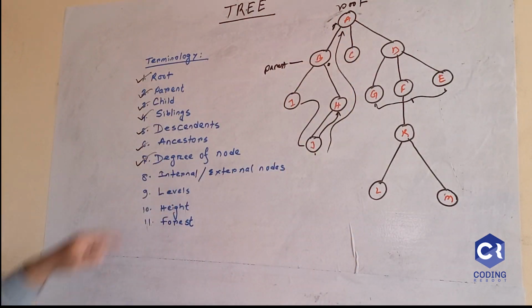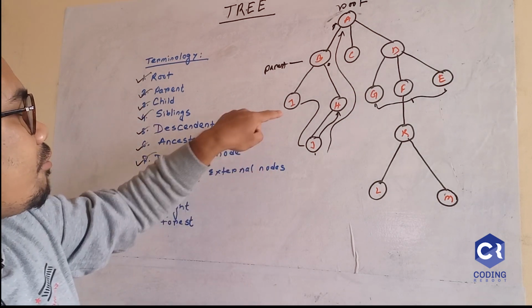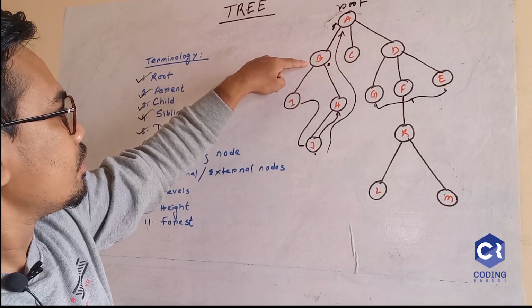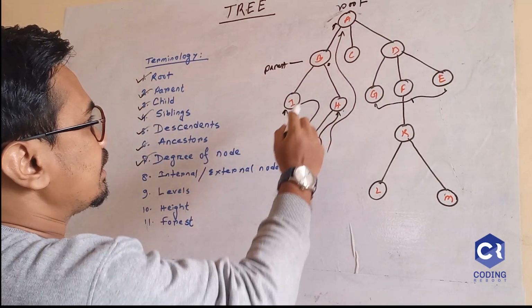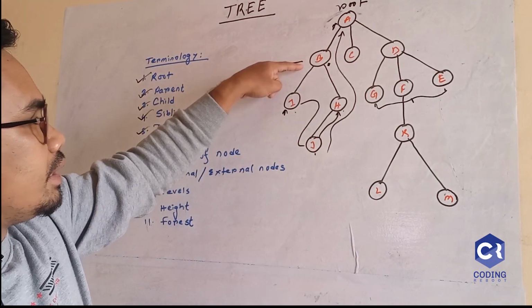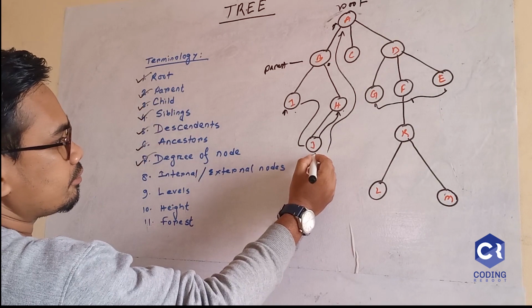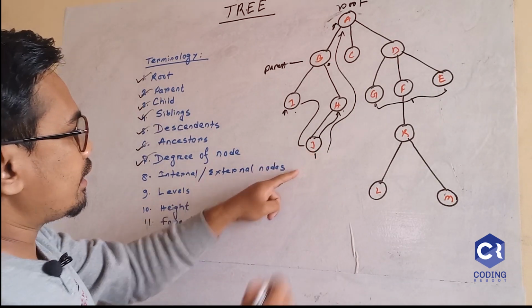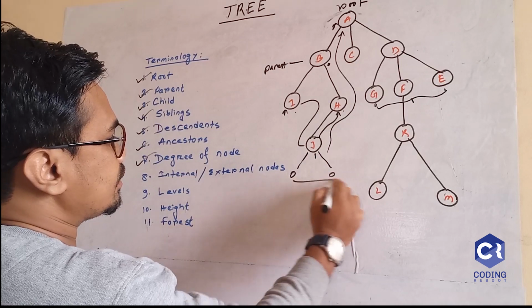So what about the degree of a node? For node B, there are 2 children, I and H. That is, B has a degree of 2. For J there is no child, on the left side and right side it is 0.